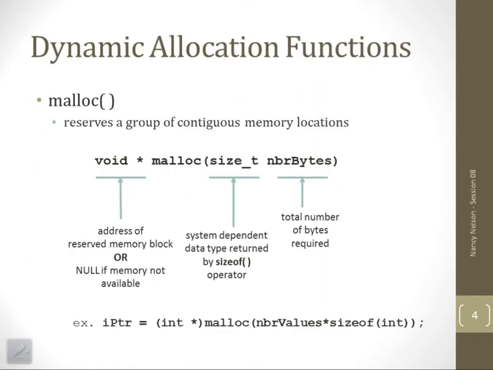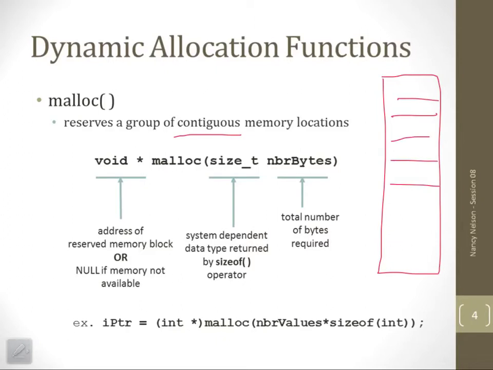ANSI C has four basic dynamic memory allocation functions, the first of which is malloc. The M stands for memory, the alloc stands for allocate, and what it does is it reserves a contiguous block of memory for us, and contiguous means they're all in a row or sequential. We're going to get a block, however big our request is, of memory locations of a certain data type, and it's going to return to us a pointer to those.